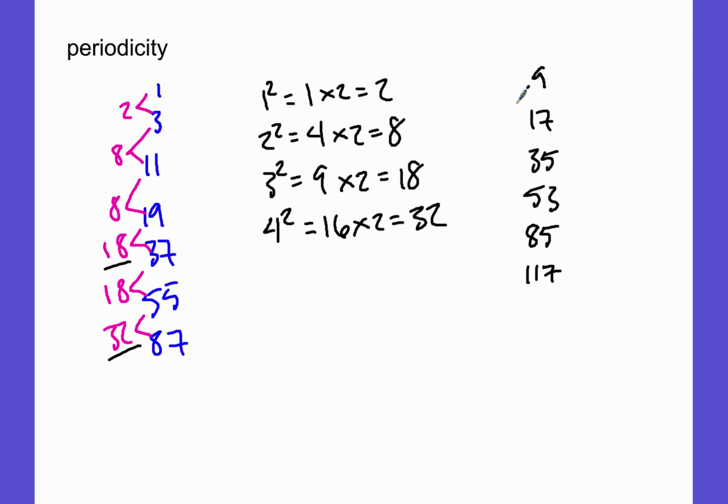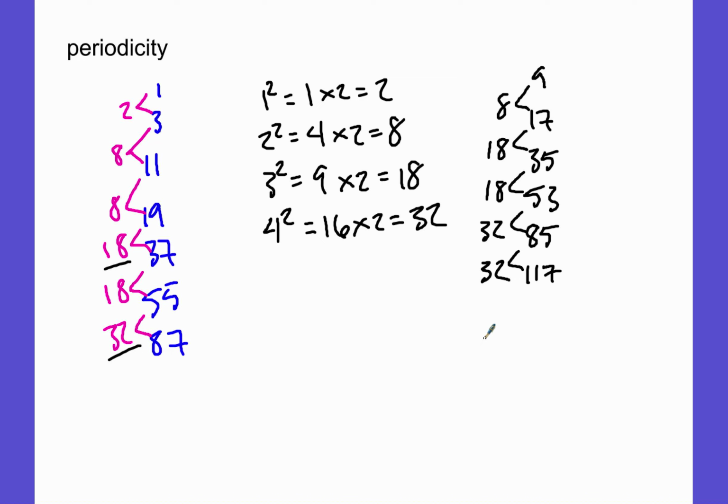The difference here is going to be 8. This difference is going to be 18. The next difference is going to be 18 again. Then I got a 32, and then I got another 32. Over here, I only saw 32 once, but I still see the same numbers when it's all said and done, right?